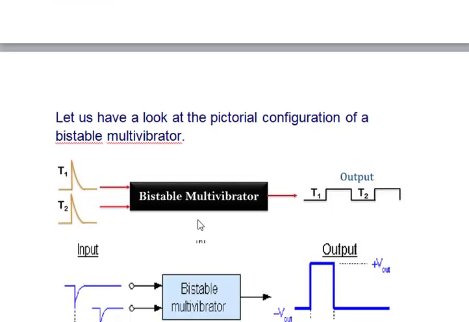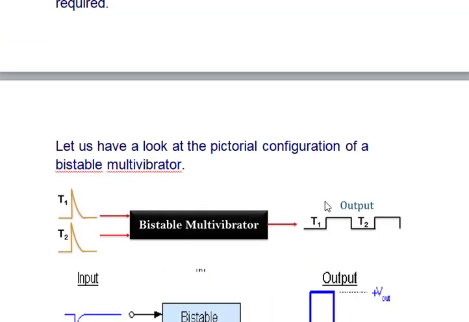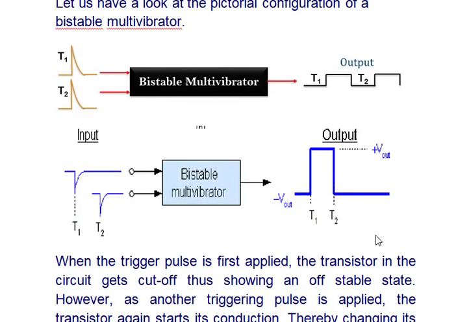The following diagram shows the configuration of a bistable multivibrator. It requires two triggering pulses, T1 and T2, to keep the two stable states. Here, there are two stable states present in the output.